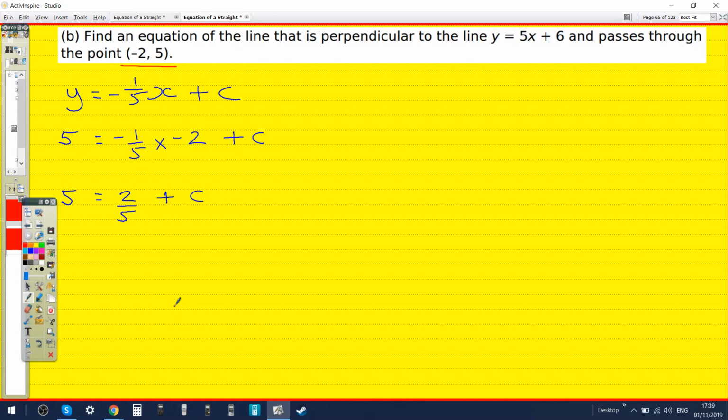Do you do minus 2 over 5 on both sides? So 5 minus 2 over 5 gives us 23 over 5. Great. And so the equation of the perpendicular line.